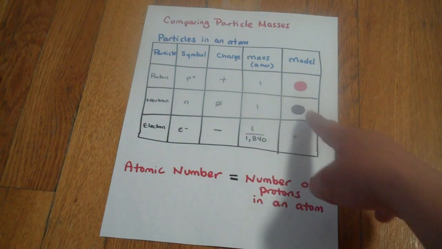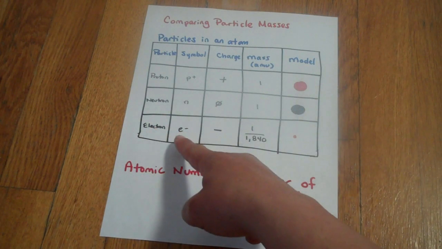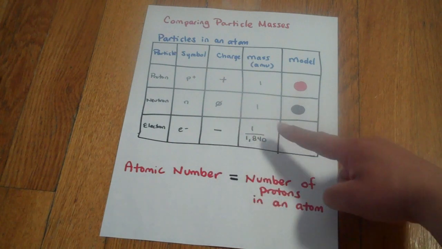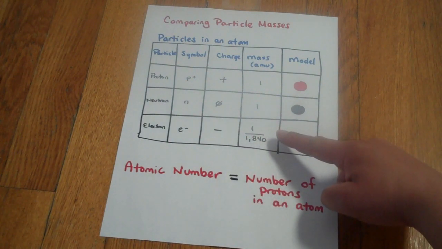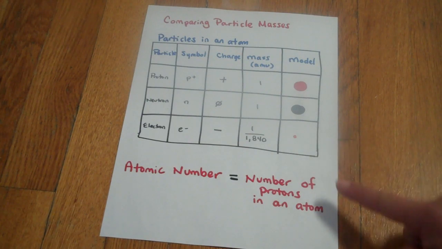The mass is also 1, and I put that model in black. The electrons is an E, negative. It's a negative charge. This is such a tiny mass, we don't really count it because it's 1/840th of the size, and I put it in a little orange dot.